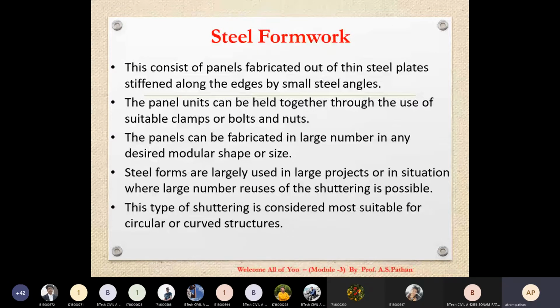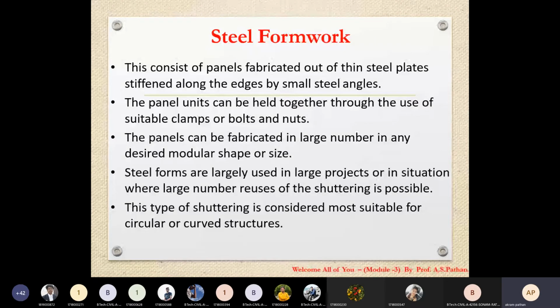Now another important type of formwork is steel formwork. As far as steel formwork is concerned, look at certain things. The steel formwork consists of panels fabricated out of thin steel plate, stiffened along the edges by small steel angles. In the case of steel formwork, we have steel plates.